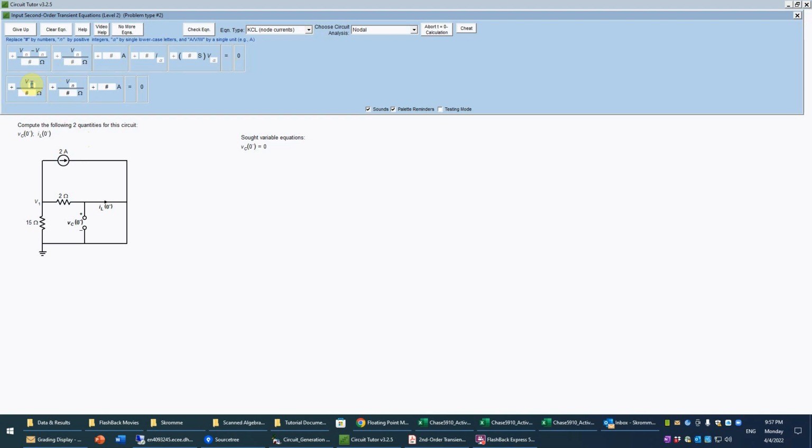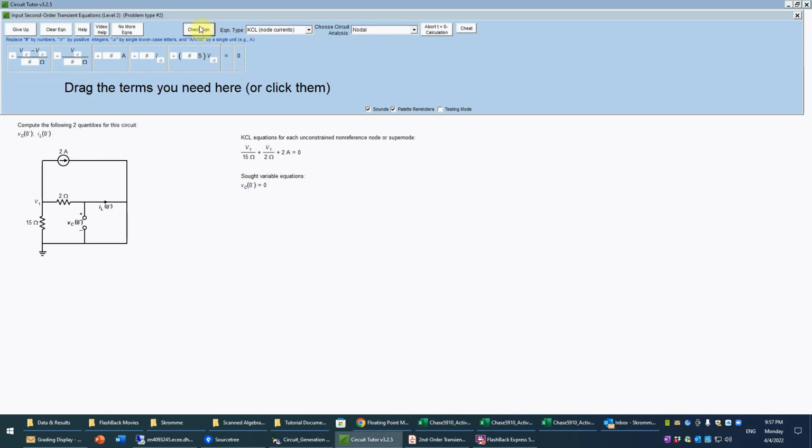So through the 15 ohm I have V1 over 15 ohms, and then I have V1 over 2 ohms, that second current. And then the third current leaving node 1 would be the 2 amps through that source. So that'd be plus 2 amps, because all three of those are currents leaving node 1. So we'll check that, and that is correct.